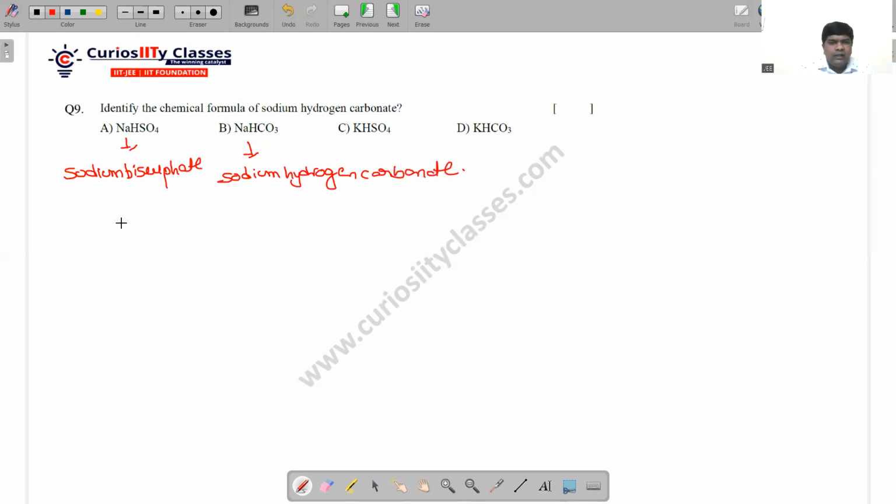Sodium hydrogen carbonate. KHSO4 is potassium hydrogen sulfate.